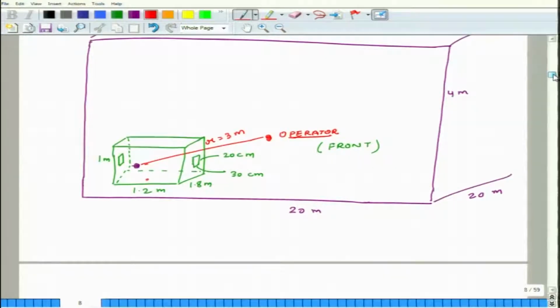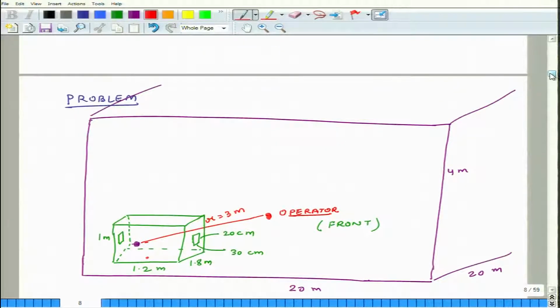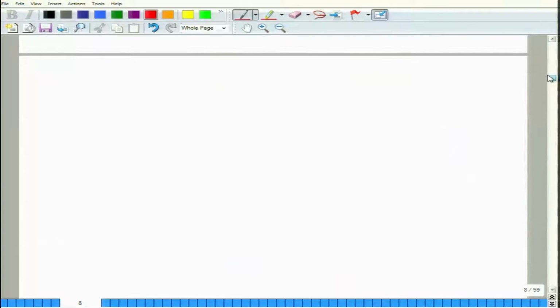Okay. We are also given some information about the sound power level produced by this machine. It generates noise, and the sound power level of this machine I will specify here. It is different for different frequencies.